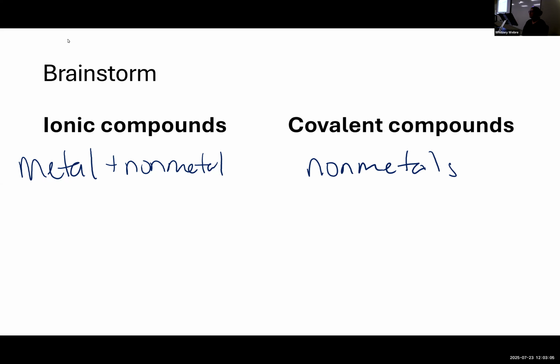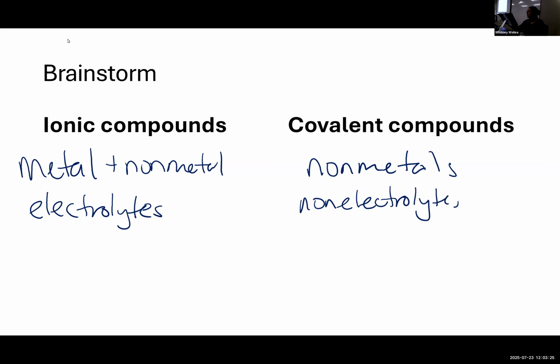There's some kind of metal in there. You're right. So ionic compounds will break up into ions. So electrolytes also break up into ions. So since electrolytes are ionic, that means non-electrolytes have to be covalent.